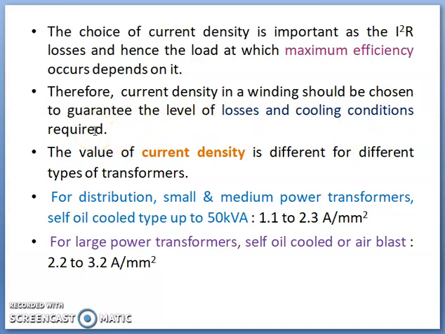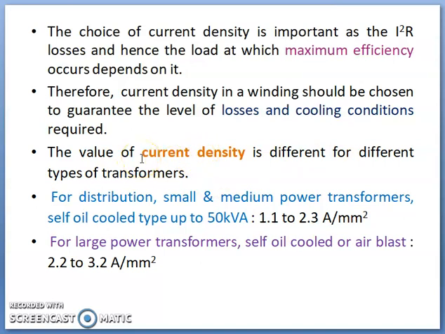If the cross-sectional area of the conductor is very small, and if higher values of current are allowed to flow through that conductor depending upon the output rating of the transformer, then I square R losses will be more, because if the cross-section area of the conductor is small, resistance will increase, and the increase in resistance will result in an increase in I square R loss. Hence, efficiency will be less. At the same time, it requires better cooling techniques to keep the temperature rise within the permissible limit.